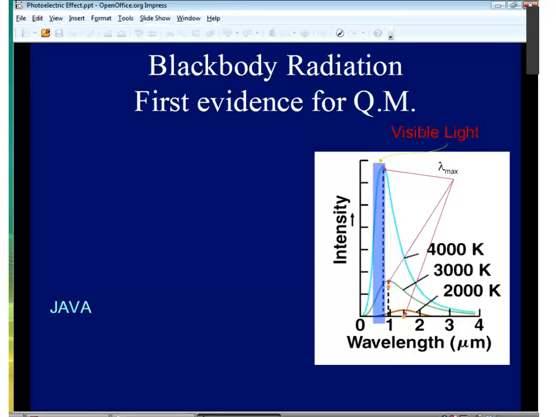Frequency will be higher side, lambda will be on the lower side. Lambda max is becoming lower for a hotter body, but frequency will be on the higher side. And high frequency generally means high energy.